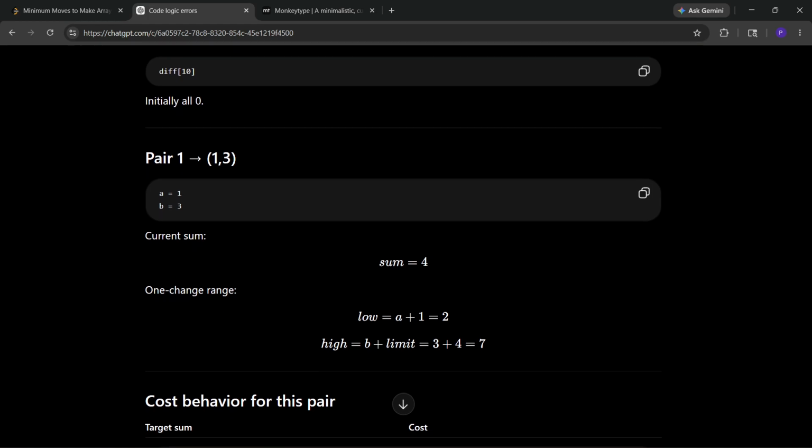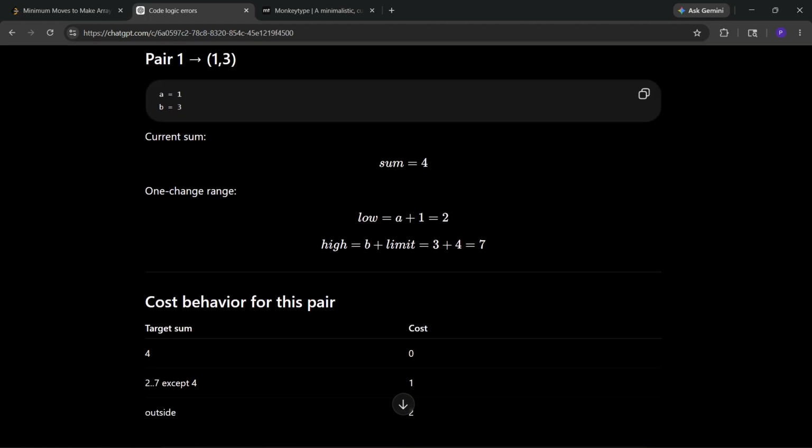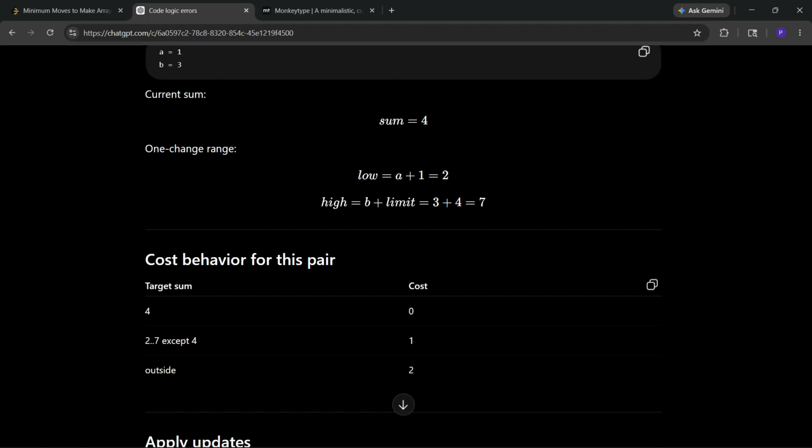Set of 1, 3. Sum is 4. Low is equal to 2. Exactly. Makes sense.